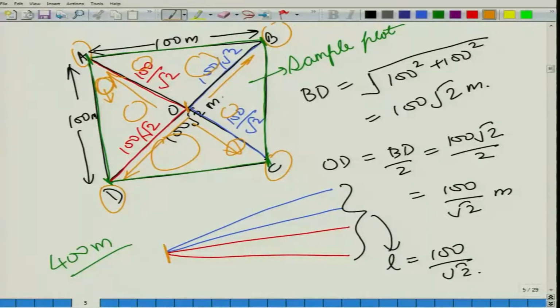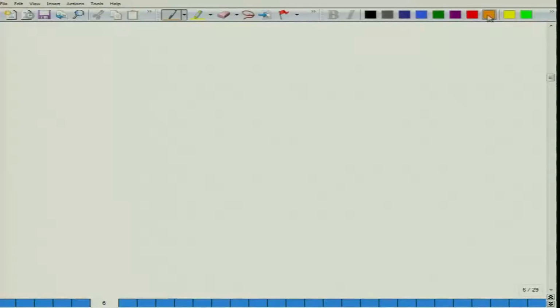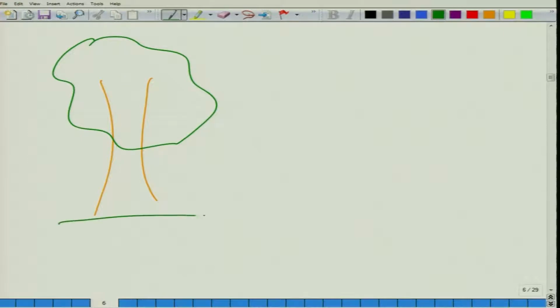However, in the case of point sampling, when you observe a tree with your wedge prism, you will see some sort of displacement.